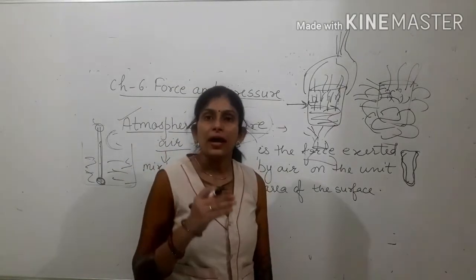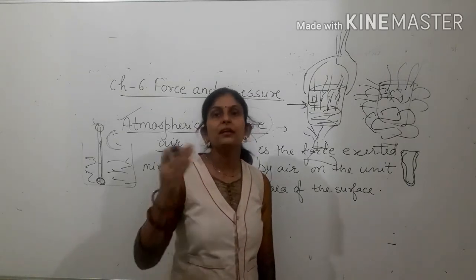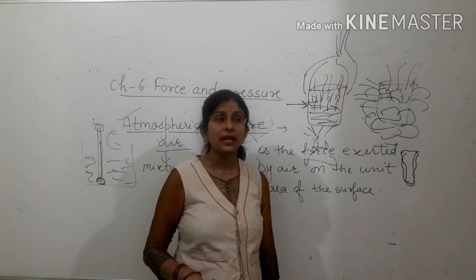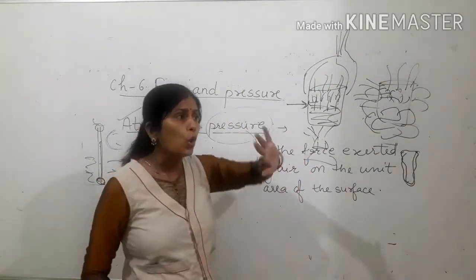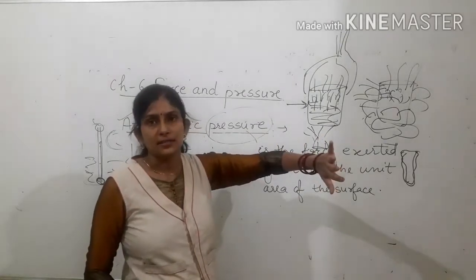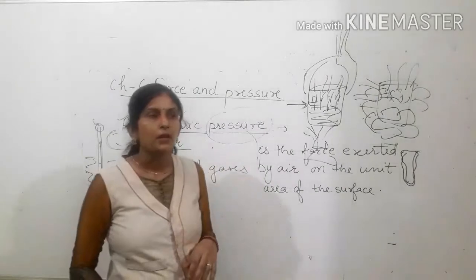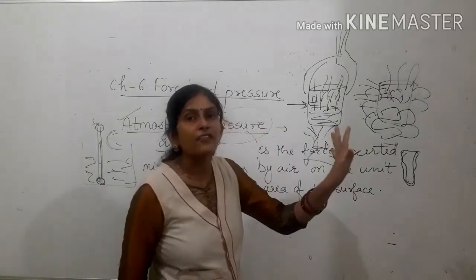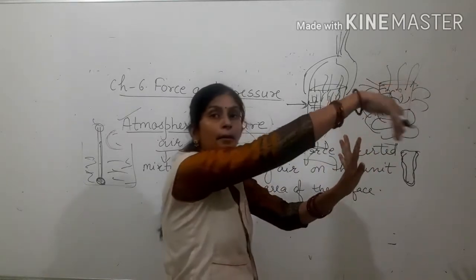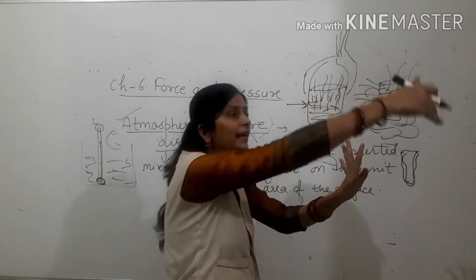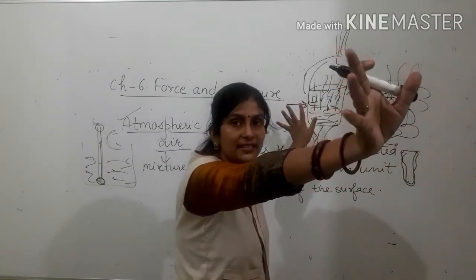See, when you are traveling in the car, you keep a rubber sucker over the window glass so that you can protect yourself from sunlight. As you press that rubber sucker on the glass window, the air present between the rubber sucker and the glass window escapes out from the sides.